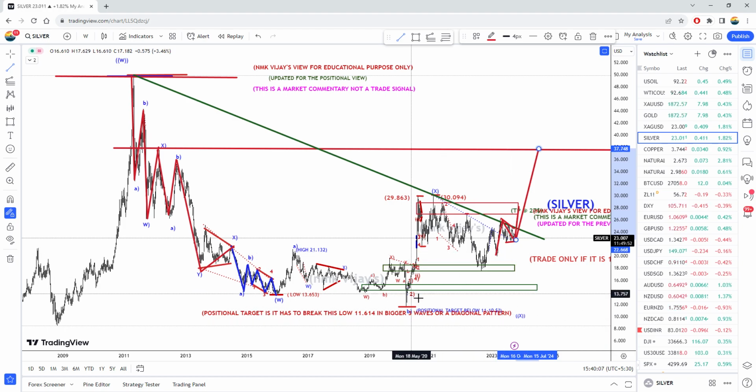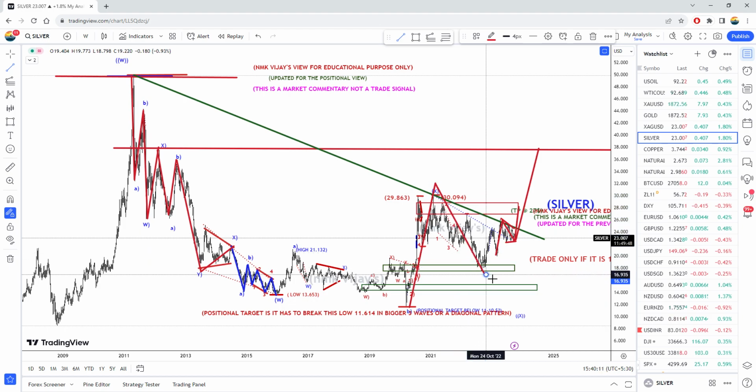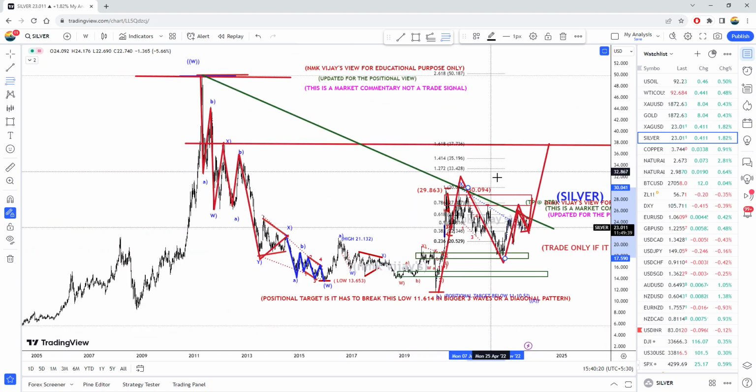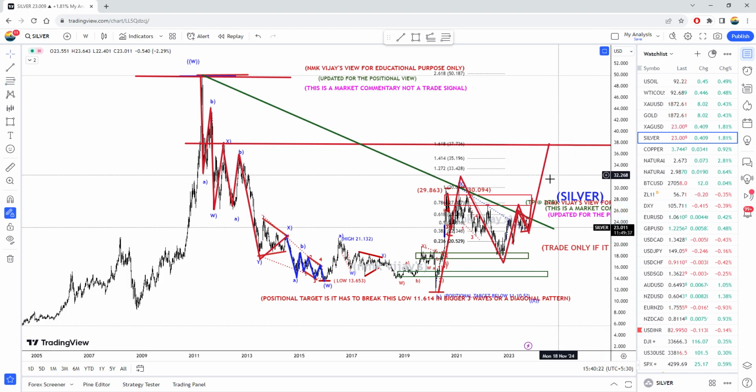So at that time, how can we mark this as the impulsive, this as the correction, and this as one more impulsive wave? Or whether it is going to go from here to that $33 and then one more low, 30, one more low like this.